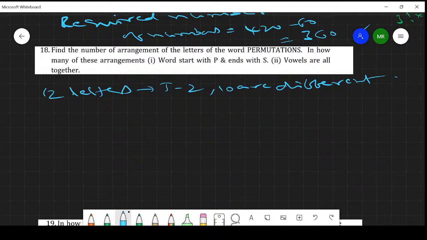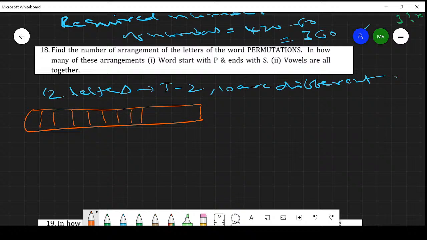Now, the first question: the word starts with P and ends with S. You can take the 12 letters, positions 1, 2, 3 up to 12.